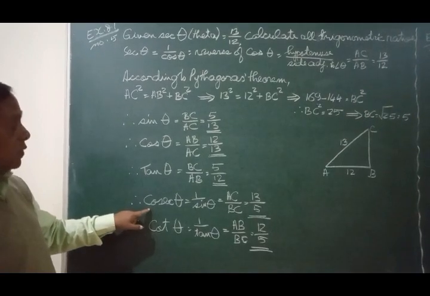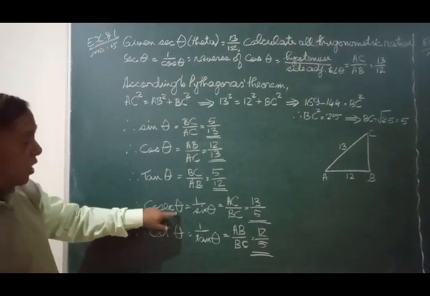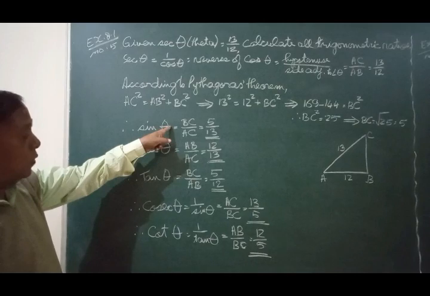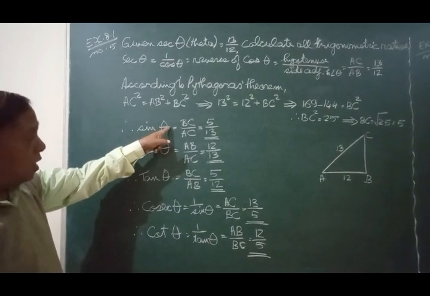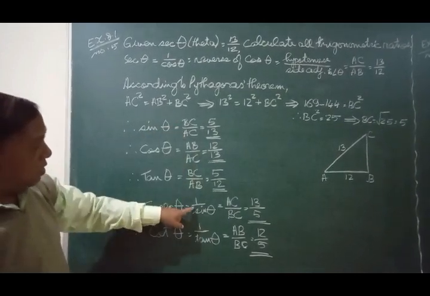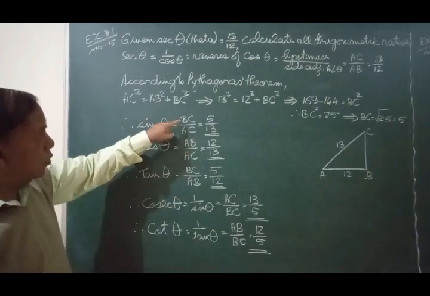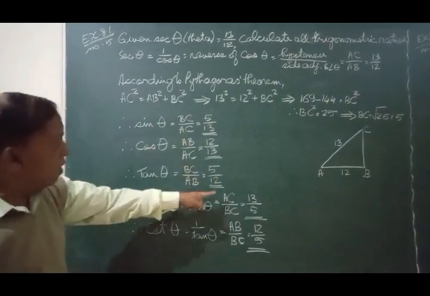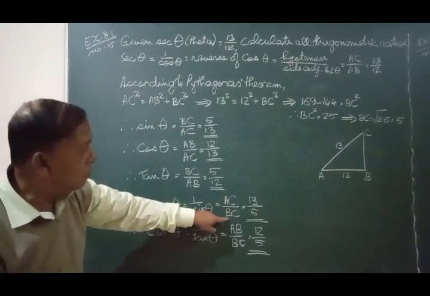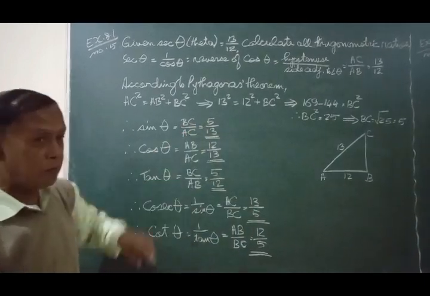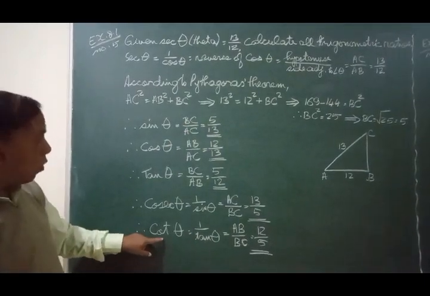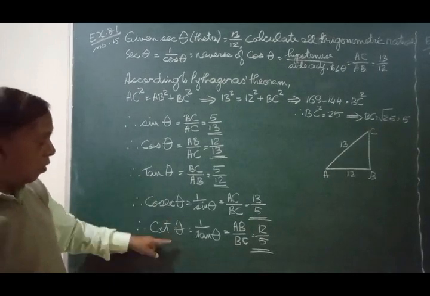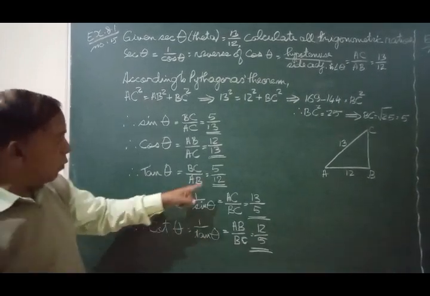The next one is cosec, and cosec is just the opposite of sine theta, so we have 1 upon sine theta. We have BC upon AC, so AC upon BC, 13 upon 5, just the opposite. And the next one, cot. Cot is the opposite of tan, and what is tan?